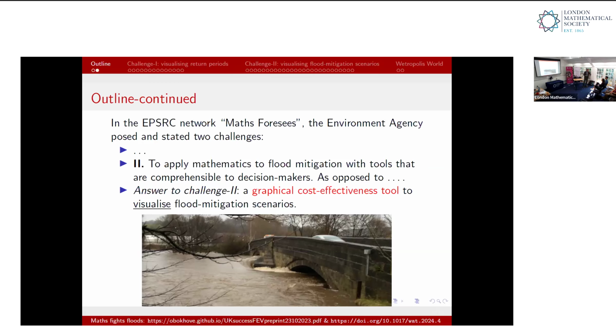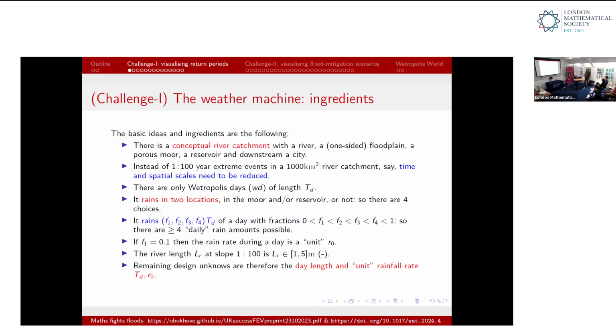Can you not do something comprehensible to decision makers? Well, I will also give an answer: a graphical cost effectiveness tool to visualize flood mitigation scenarios. That one had two pieces of motivation: this challenge, and then an actual flood.